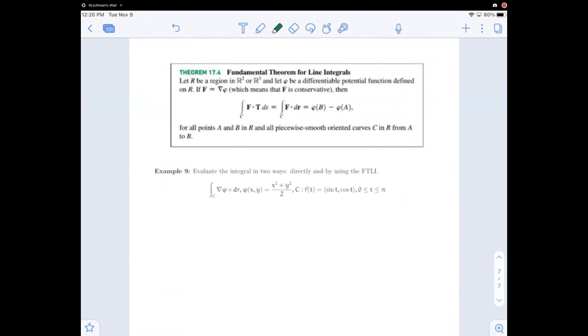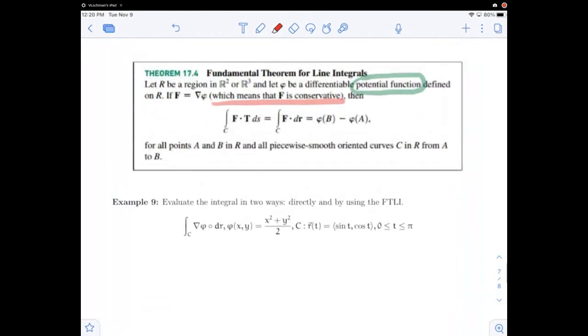We've got to make sure that we satisfy all of these conditions. So we have a potential function defined on that region R, okay? So f, vector field f, is the gradient of that function. And this is important. This theorem applies to vector fields that are conservative, okay?